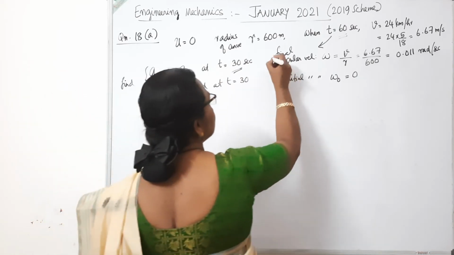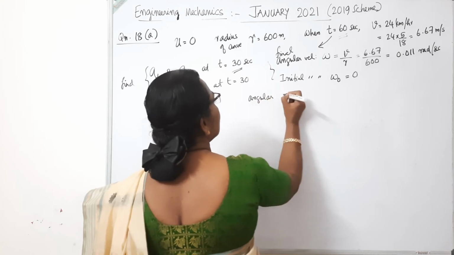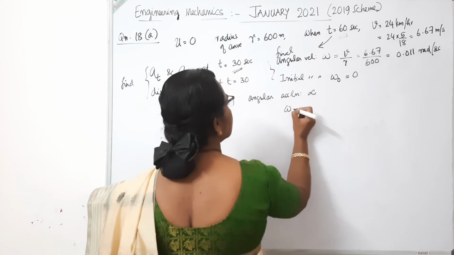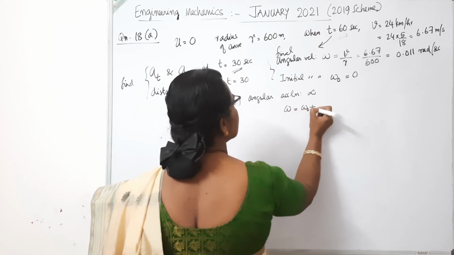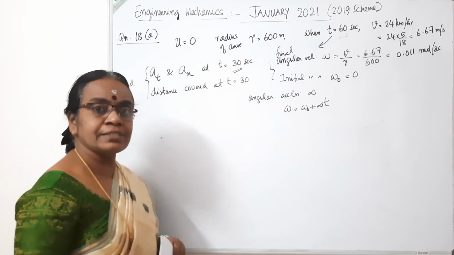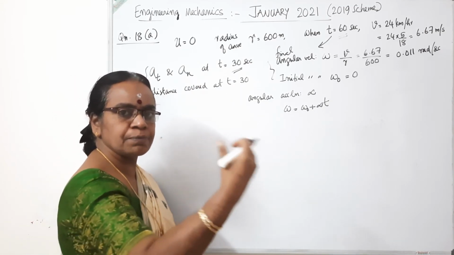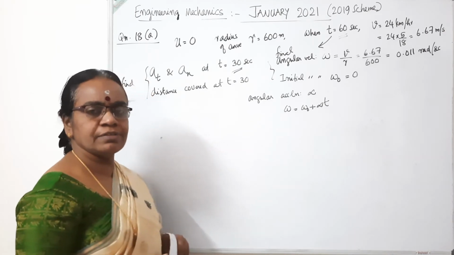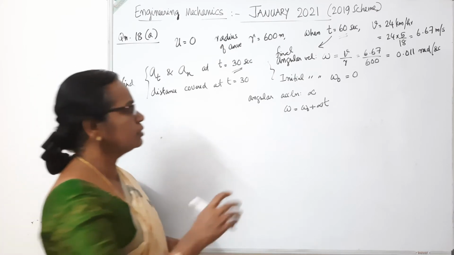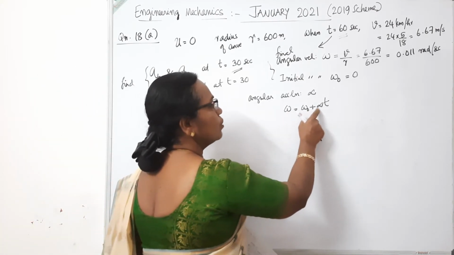So from these two we can find out the angular acceleration alpha. We have the equation omega is equal to omega 0 plus alpha t. Similarly, v is equal to u plus at in linear motion: final velocity is equal to initial velocity plus acceleration into t. When it comes to circular motion, motion of rotation, omega equals omega 0 plus alpha t.